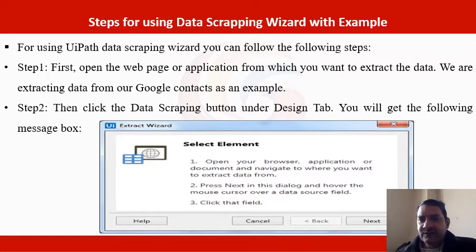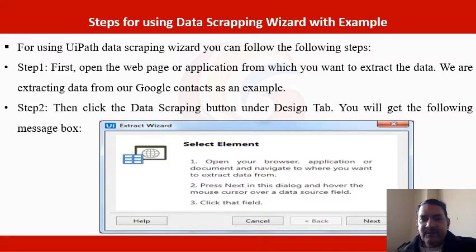We are extracting data, for example, from our Google contacts, so the input will be the Google contacts in your example. You want to extract the data from that particular page, or whatever platform is open to you.